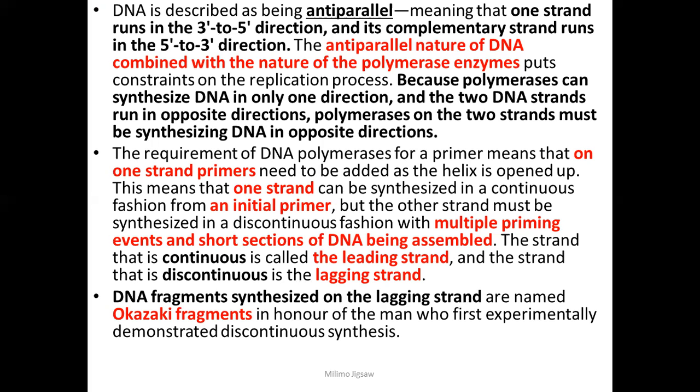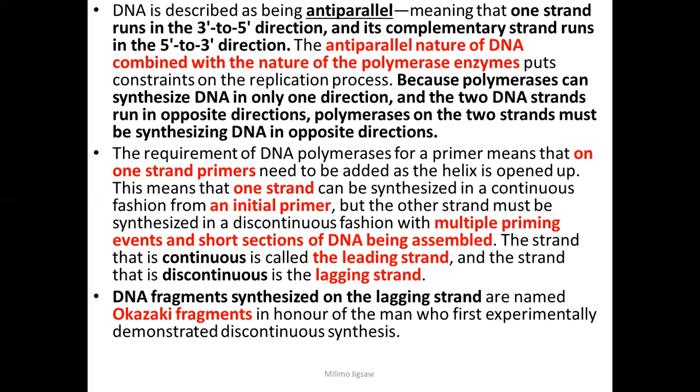So DNA polymerase will require multiple primers on one strand, and it will only require an initial primer on the other strand.